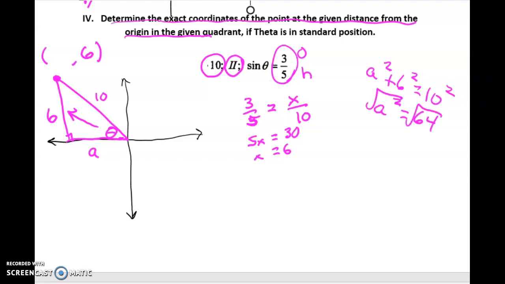Square root, so we have a equals positive or negative 8. So we've got to decide whether we should choose positive or negative. And we are going to choose negative because it's quadrant 2. Your x value is negative in quadrant 2. So the coordinate of this point up here would be negative 8, 6. All right. Good luck, guys.